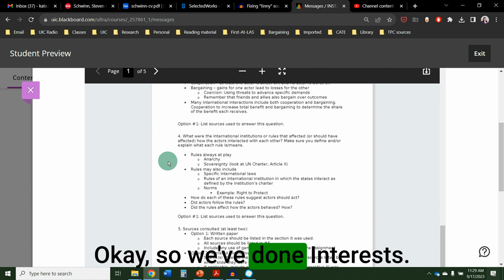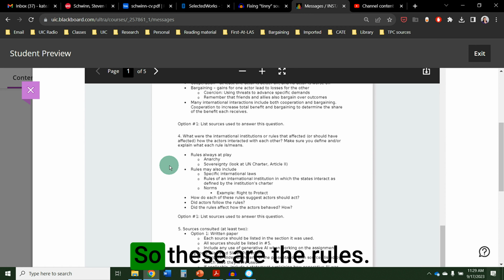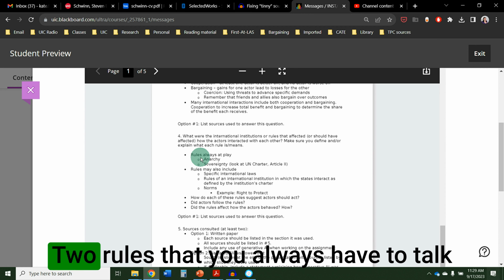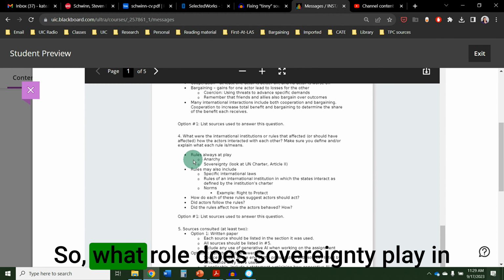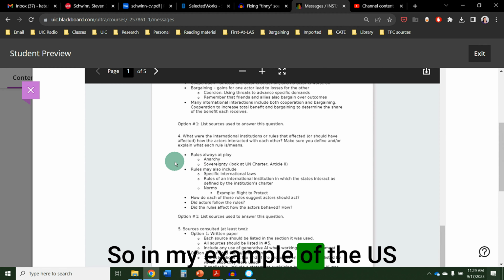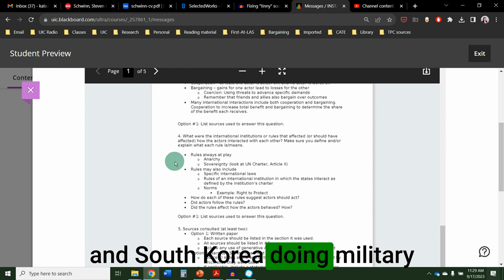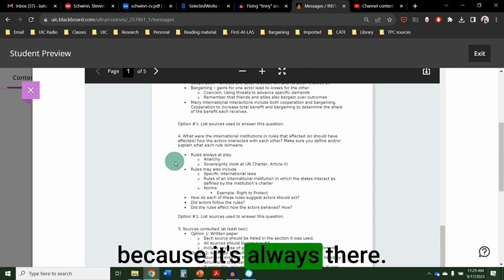So we've done interests, we've done interactions. Now we're at institutions. So these are the rules. Two rules that you always have to talk about are anarchy and sovereignty. What role does sovereignty play in this and what role does anarchy play? In my example of the US and South Korea doing military exercises, sovereignty is there because it's always there.